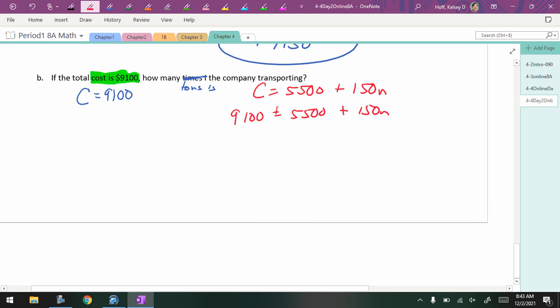Draw your line down the middle. Be careful, 150 has your N on it. Cover up your variable N. What do you need to move? 5,500. How am I going to move it? Subtract 5,500.